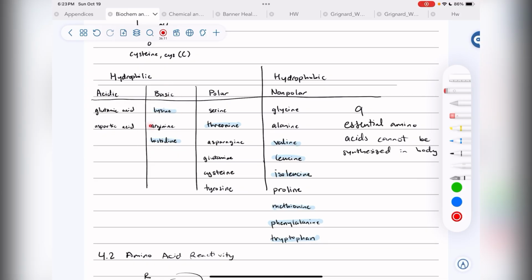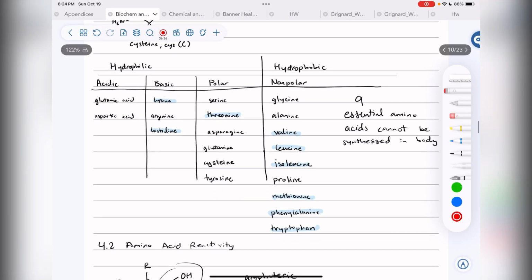And then for the basic ones, lysine, arginine, histidine, they're going to have a positive charge on them at physiological pH. So those are the basic amino acids. The polar ones, serine, threonine, and tyrosine, are the ones with the hydroxide groups on them. And then we have asparagine, glutamine, which look really similar to glutamic acid and aspartic acid. And then we've got cysteine. So how many is that? 1, 2, 3, 4, 5, 6.